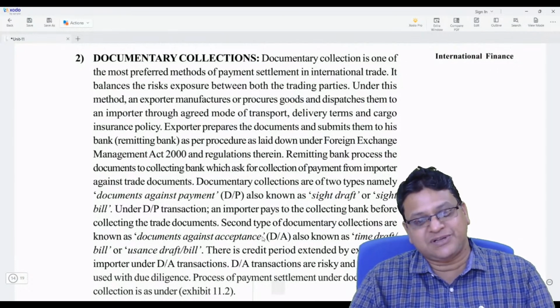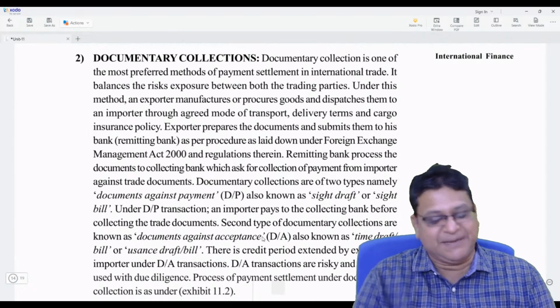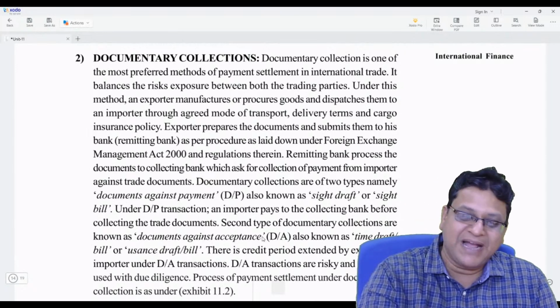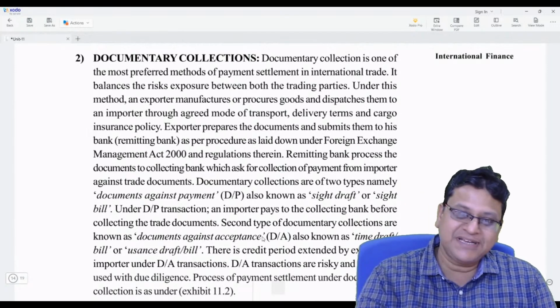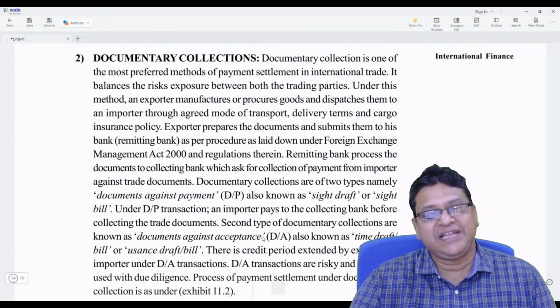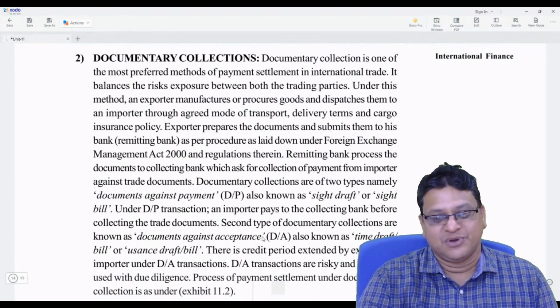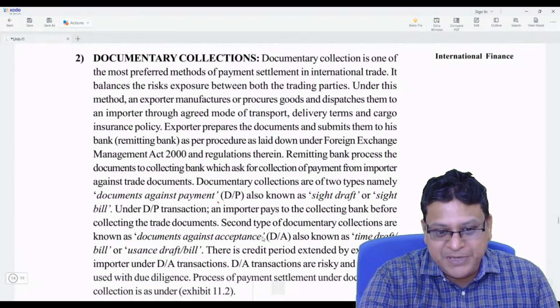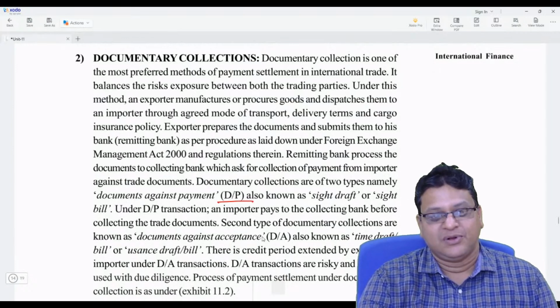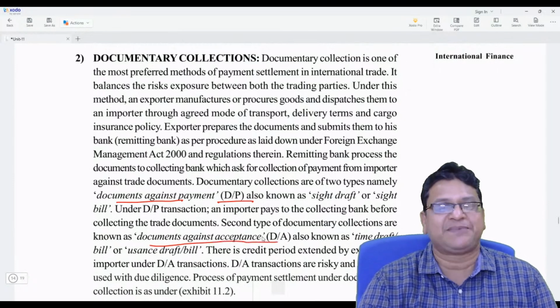You load the furniture on a railway and send the railway receipt to the person who buys the goods. This railway receipt is the document of title to the goods. Documentary collection is of two types: DP method, document against payment, and DA method, document against acceptance.